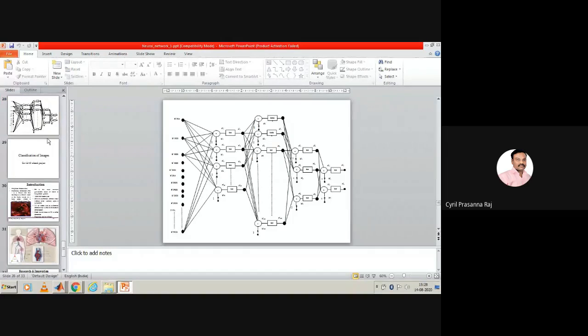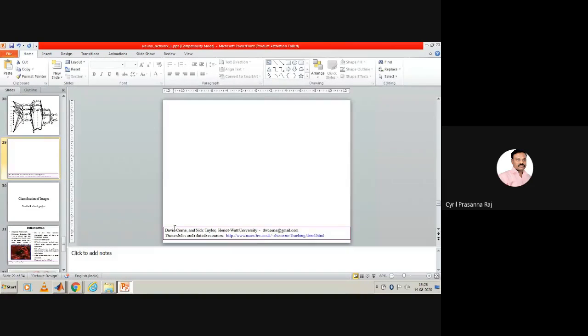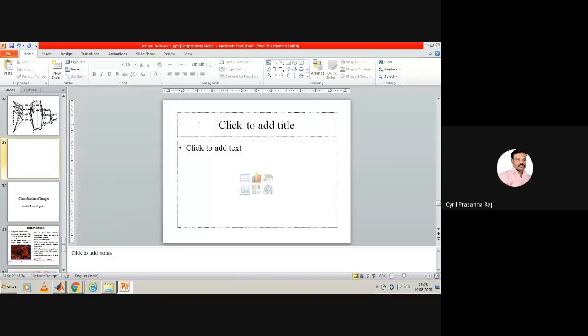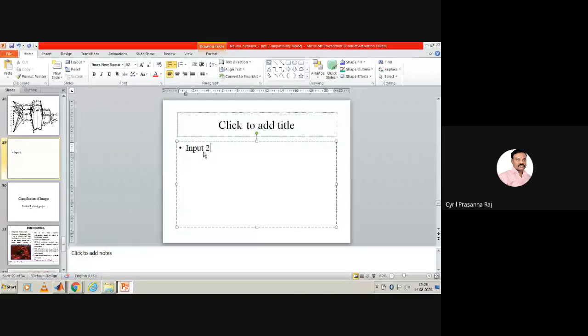In our network, the input size is 256 cross 1, and the output of the first hidden layer is 100 cross 1, because it produces the first output as 100 cross 1.